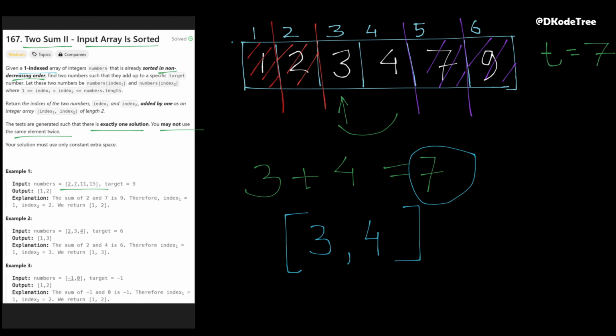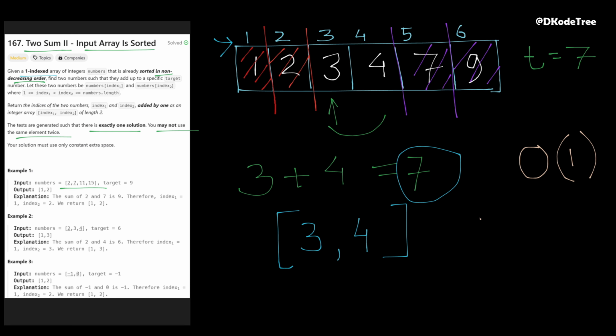Remember, for this problem they have given one indexed array, so we have to return the answer accordingly. This approach does not need any extra space, so the space complexity is O of 1. And in worst case, for each of the n numbers, we have to iterate through the entire array. So the time complexity will be O of n square.